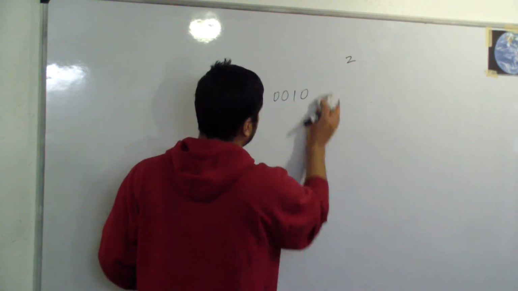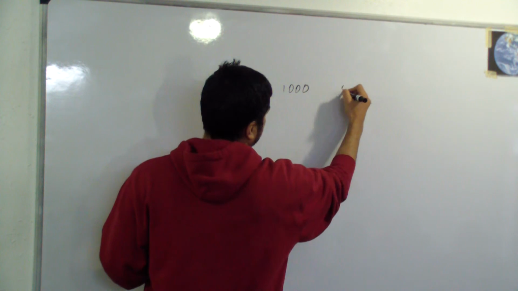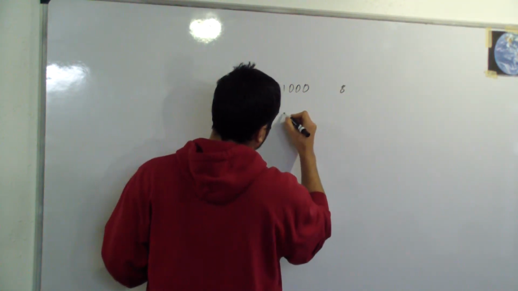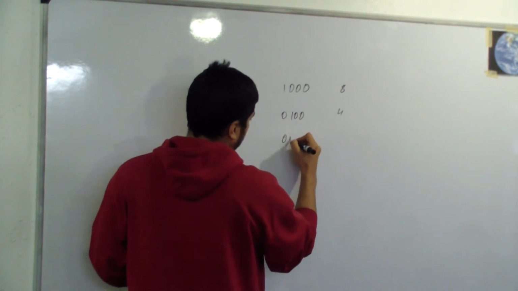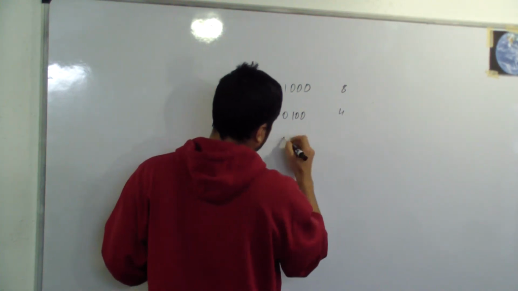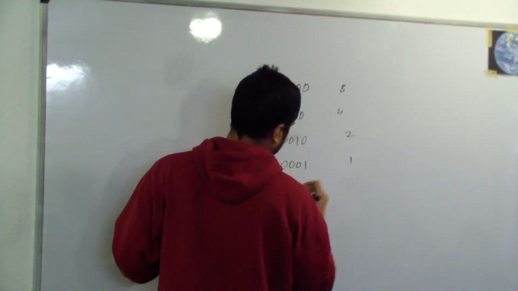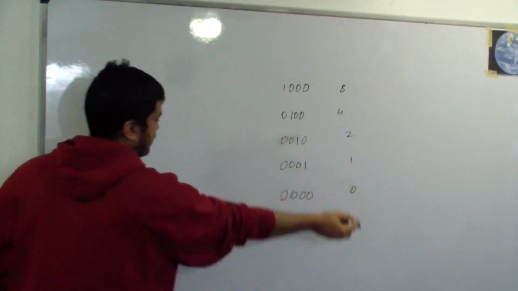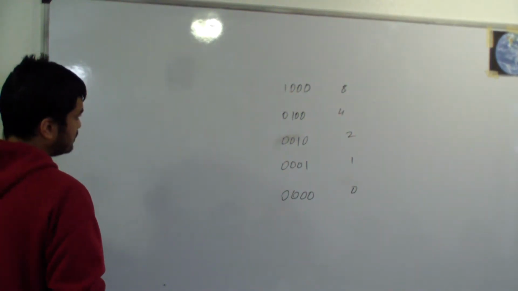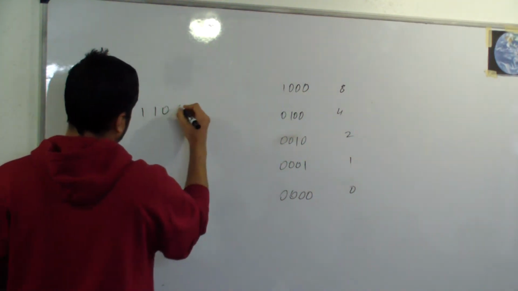Now let's do a division starting from 8. This is 8. When I right shift, it will become 0, 1, 0, 0. This is 4. 1, 0, 0, 0, 1, 0. This is 2. 1. This 1 dropped off. It doesn't work for just one integer, it will work for anything.